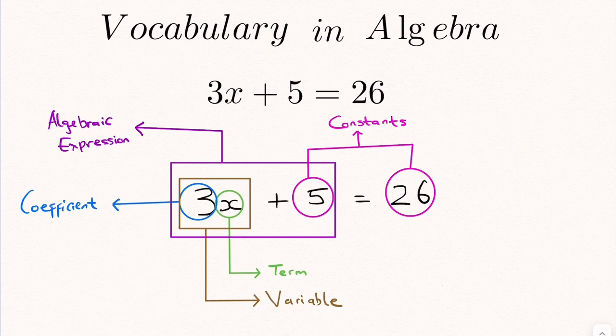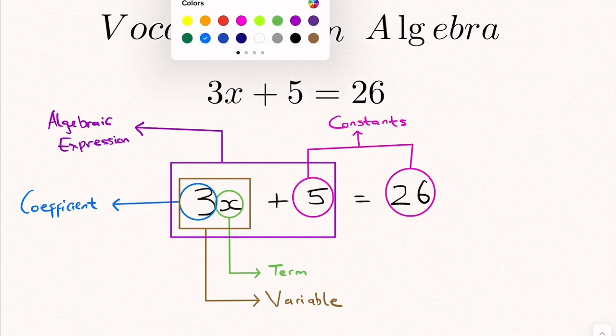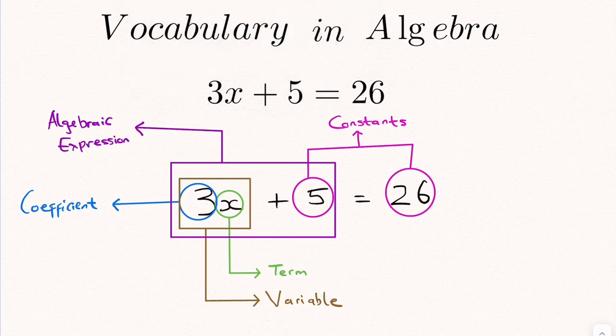Because it doesn't have an equal sign. I'm going to circle this. This is what differentiates an equation from an expression. If an algebraic term doesn't have an equal sign, it's just an expression. But if the expression has the equal sign, it's an equation.